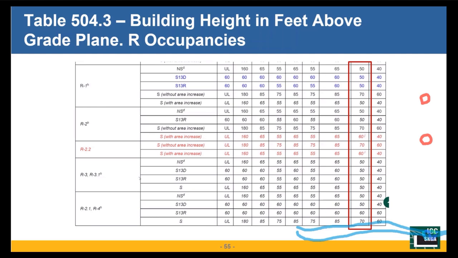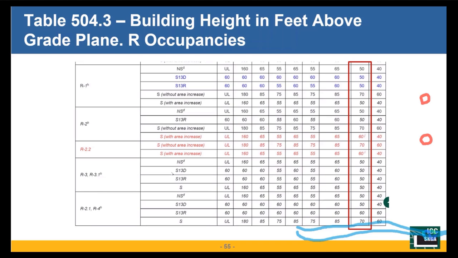So for R3, non-sprinklered, type 1B, we have 160 feet, whereas type 5B non-rated is 40 feet, non-sprinklered.